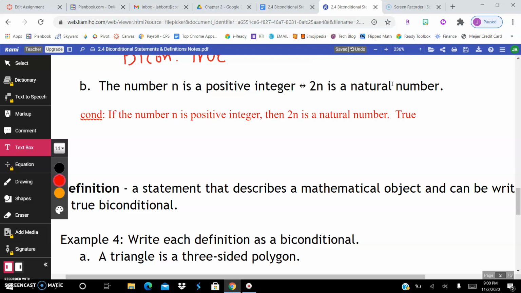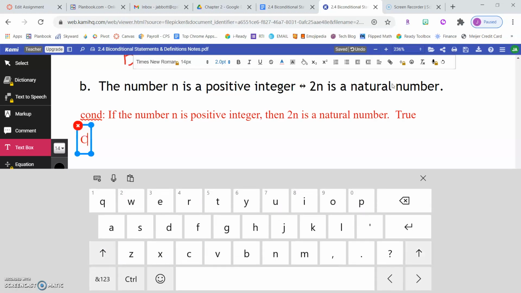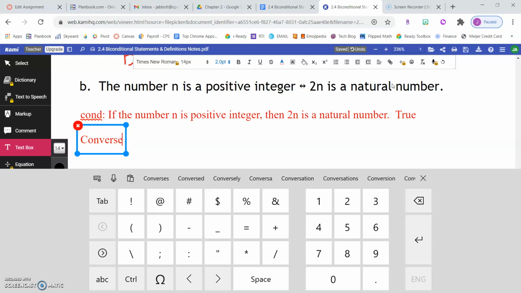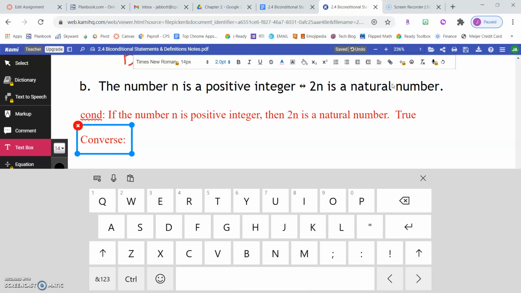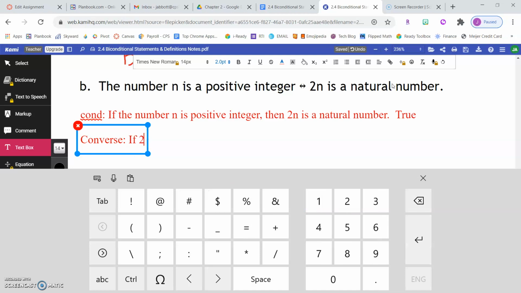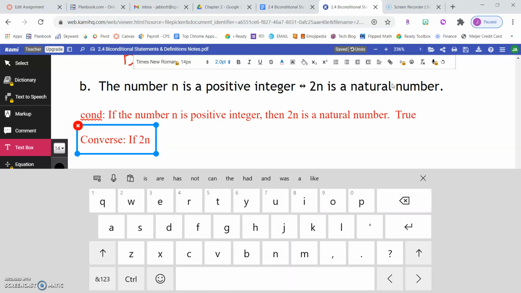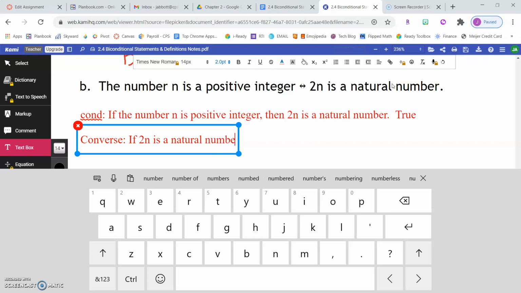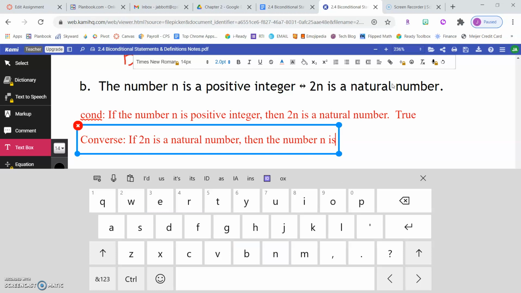Then we have to write the converse. And flip this around. If 2n is a natural number, then the number n is a positive integer.